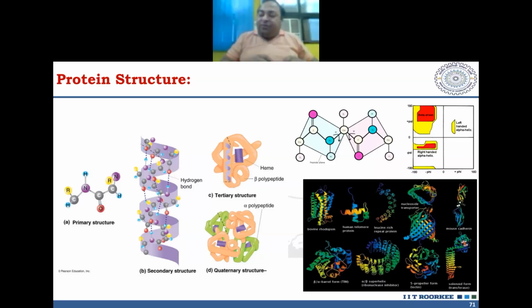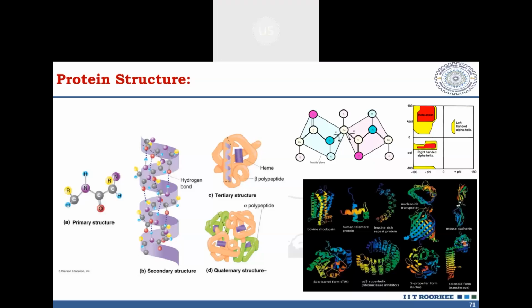Yes, sir. Now, what is the difference if it is a single bond or a double bond? In a single bond, it could freely rotate, right? Is this rotation possible in a double bond? No, sir. No, right?